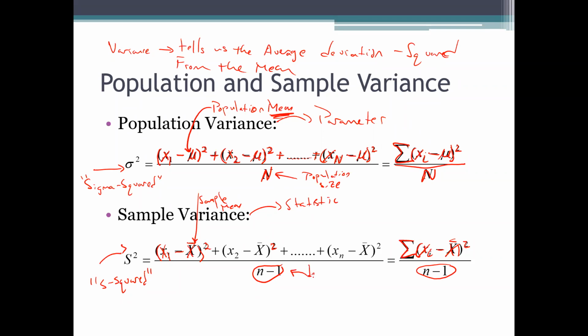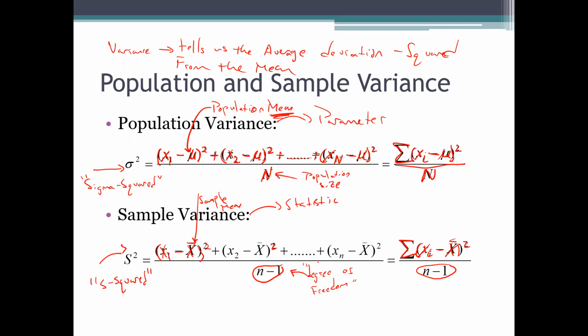In statistics, this is what's called a degree of freedom. And we'll learn about that when we talk about what's called a t-distribution later on in class. But in layman's terms, what generally happens is when you take a sample, you're very unlikely to record all the unusual or extreme values away from the mean.